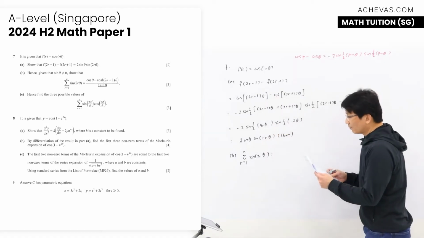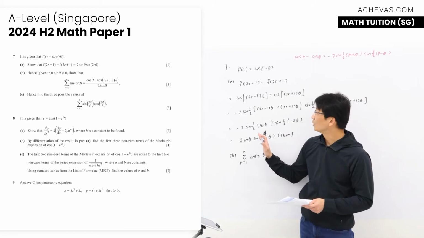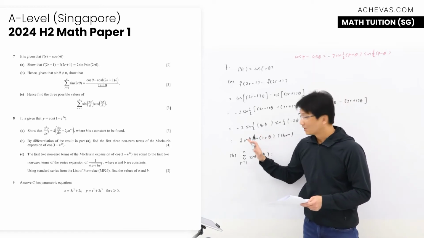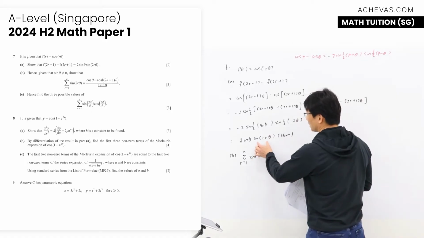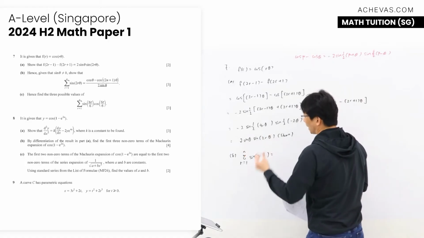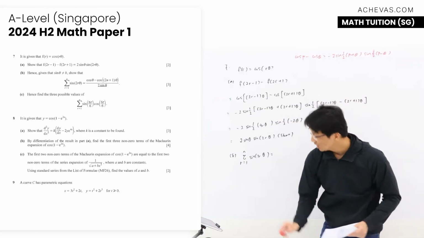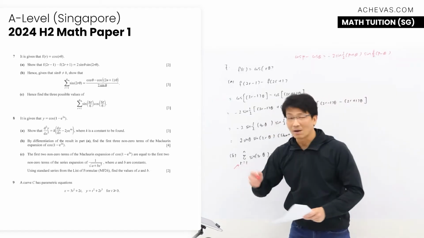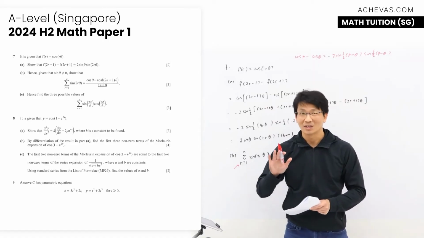I think I'm going to make use of part A of the question, which we have shown. We can recognize that this portion here actually is the same as this. I'm going to express sine 2r theta in terms of the rest. But for this particular summation, I'm only looking at r as my variable. That means anything other than r is a constant.